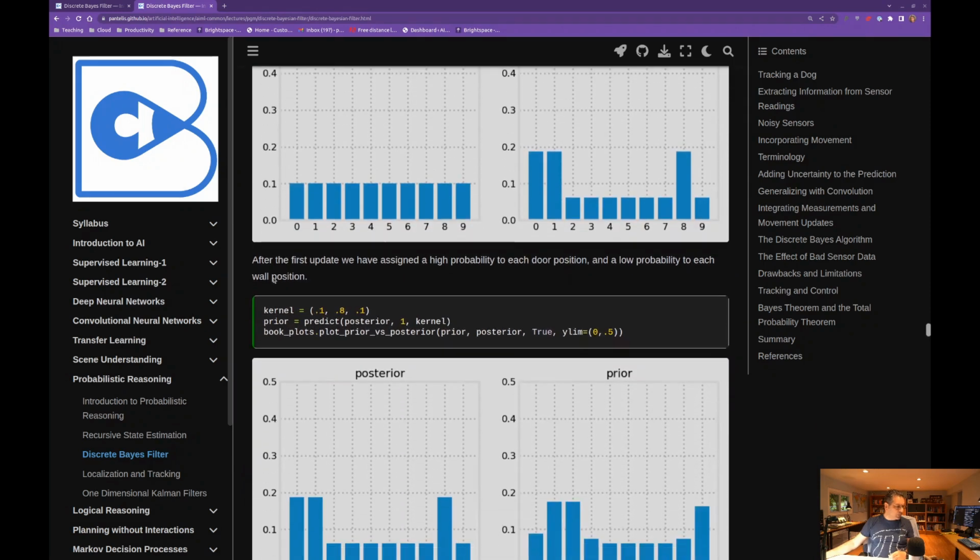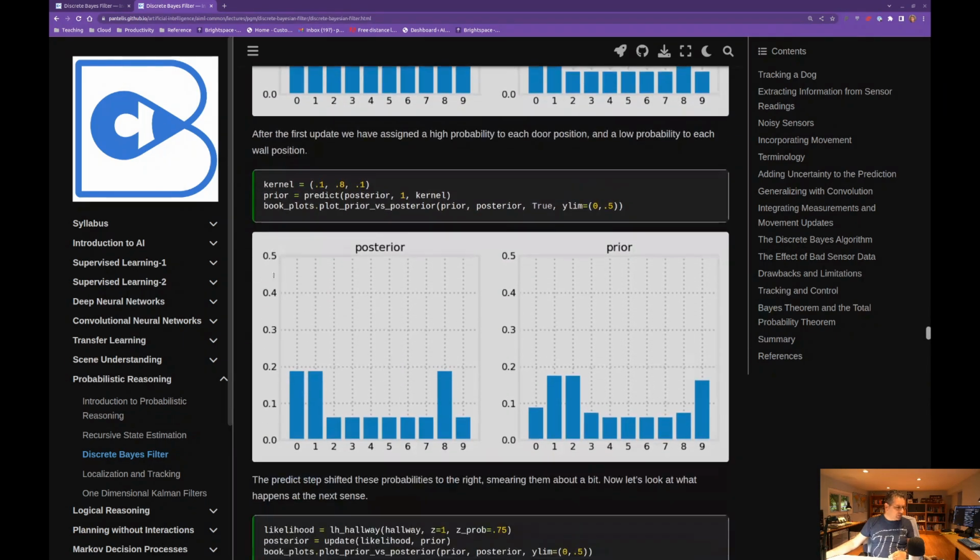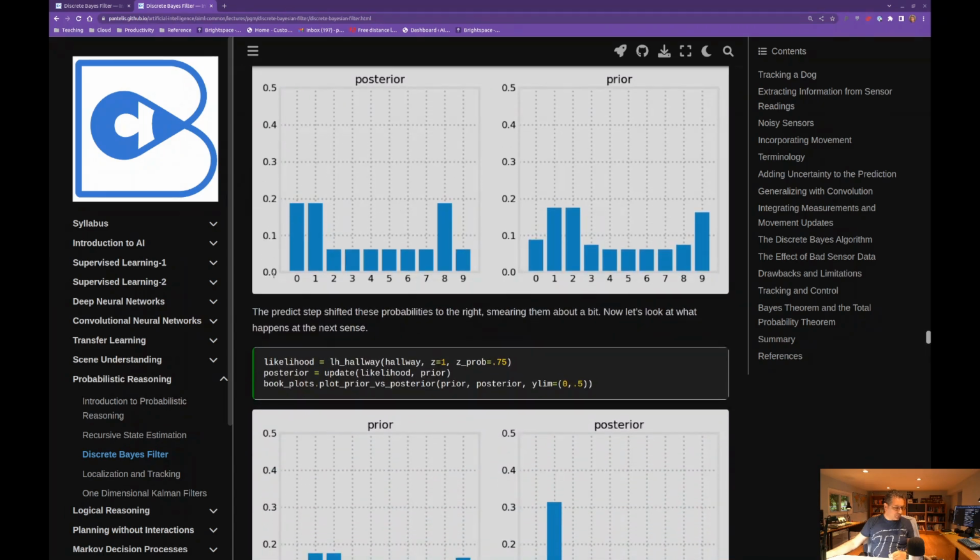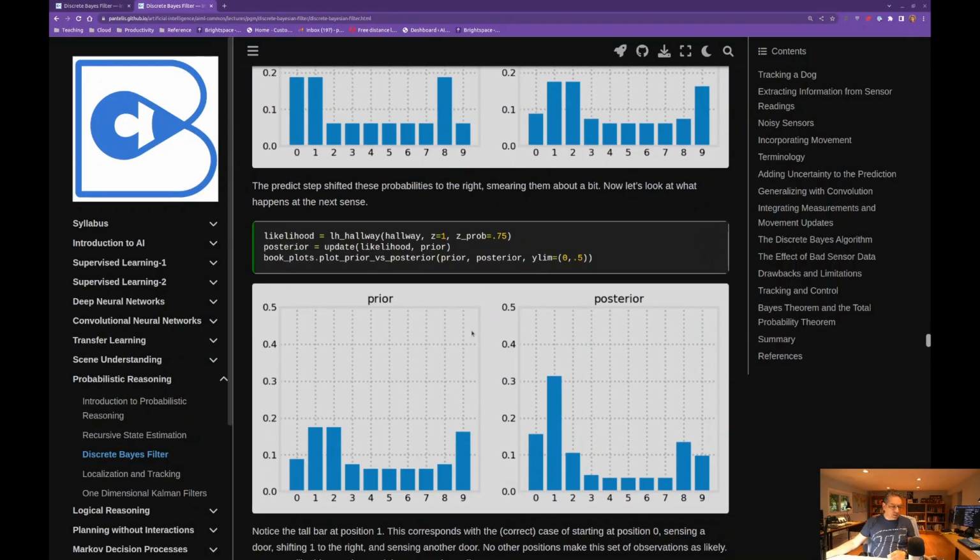Now we are going to take a step. We are going to move from left to right, starting from some location, which was obviously unknown to us, but the measurement now coming in also indicates that we are seeing a door. So after we moved, we are also receiving a measurement. What happens to our belief hat and our belief?